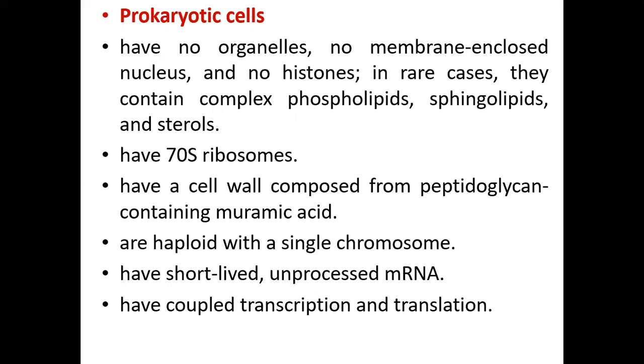Histone is a protein present in the DNA that gives support to the eukaryotic DNA. Also, eukaryotes contain complex phospholipids, sphingolipids, and sterol. This is present in rare cases in prokaryotes.